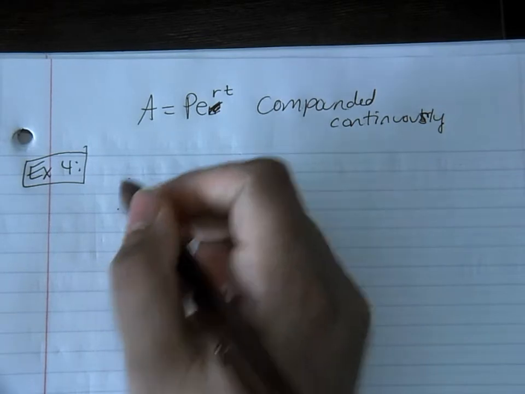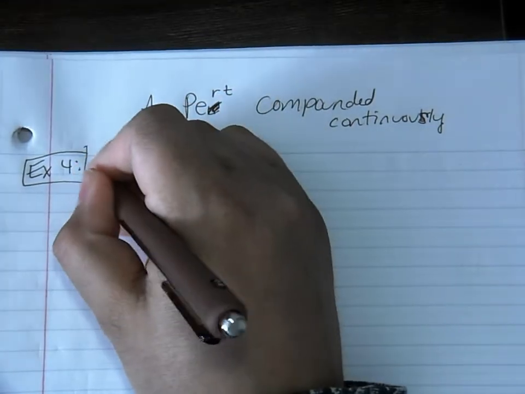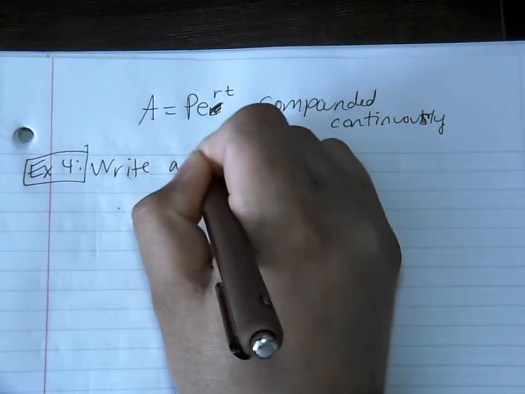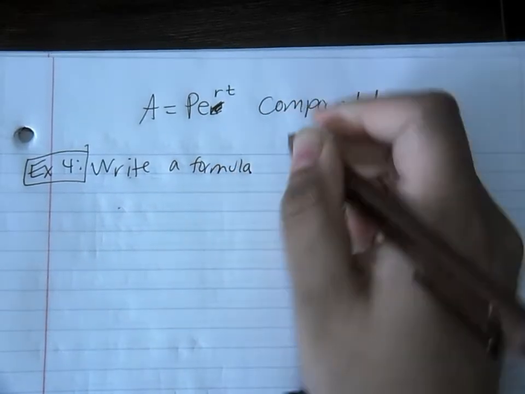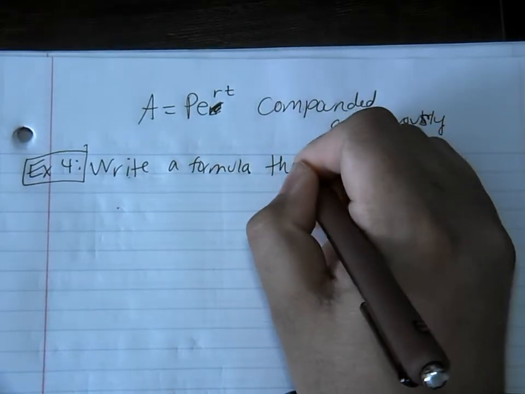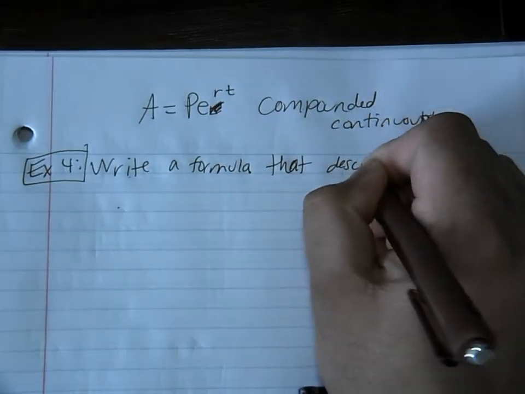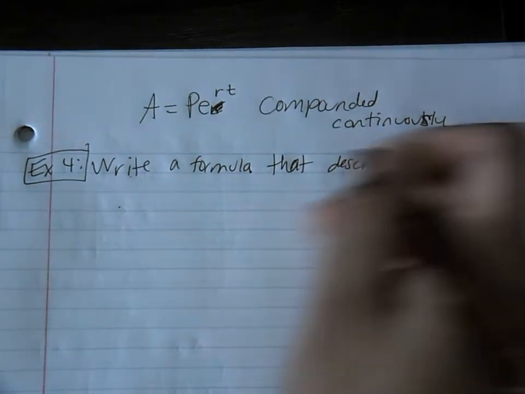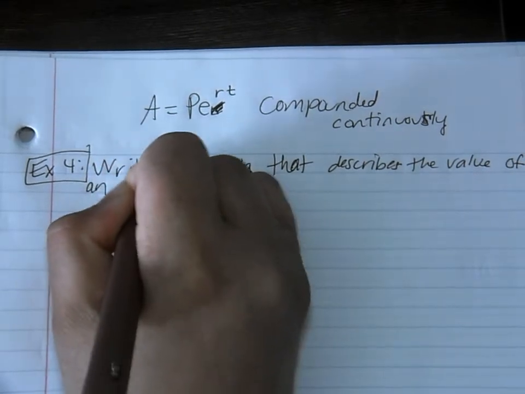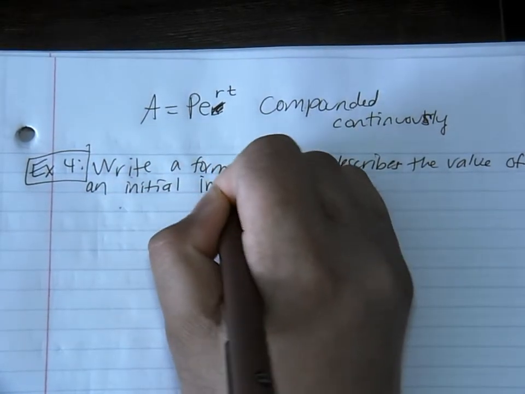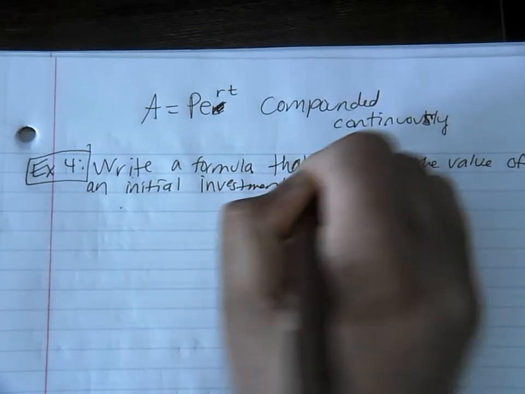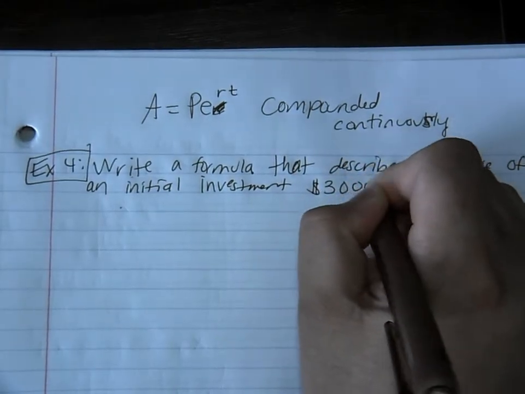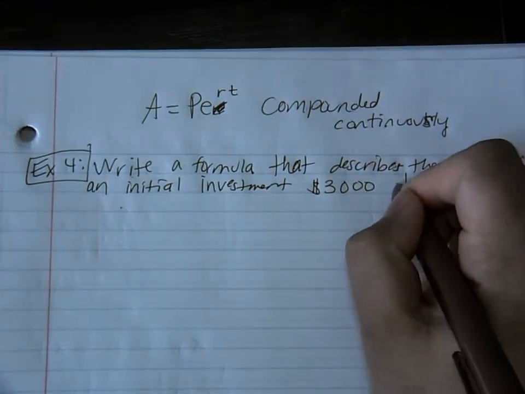Okay, so let's do example 4. Let's say it says write a formula that describes the value of an initial investment, let's say this time it's $3,000 that loses value.